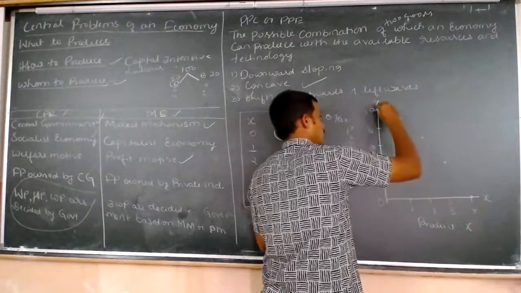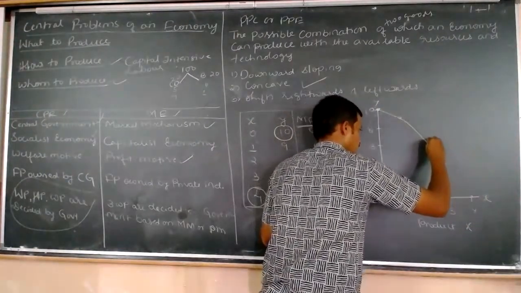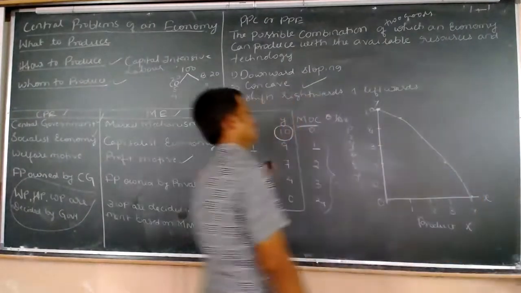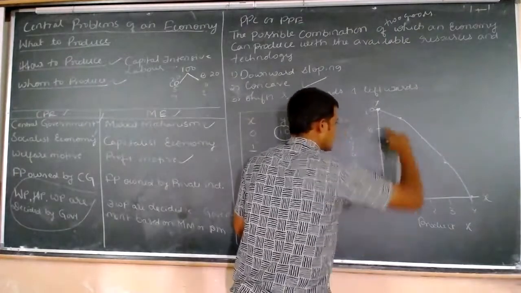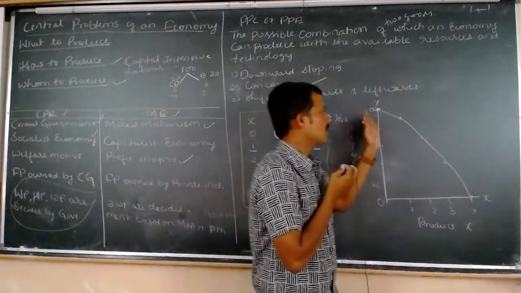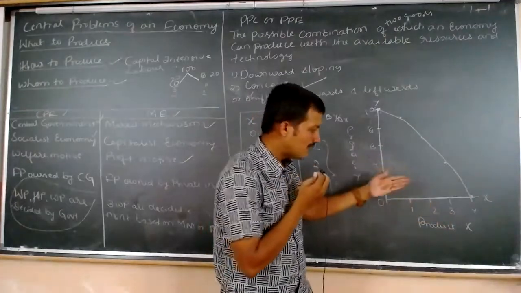So if you try to connect it, you can see the shape is not straight. It is concave. So why is it concave?